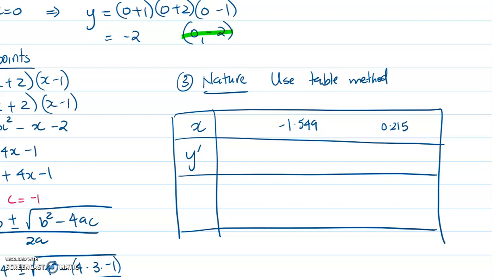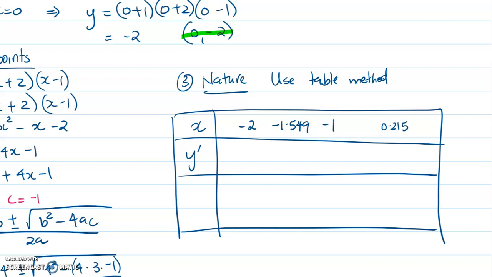So maybe I can take negative 2 over here. We make sure that we take points on either side of both the turning points. And we can take negative 1 over here.